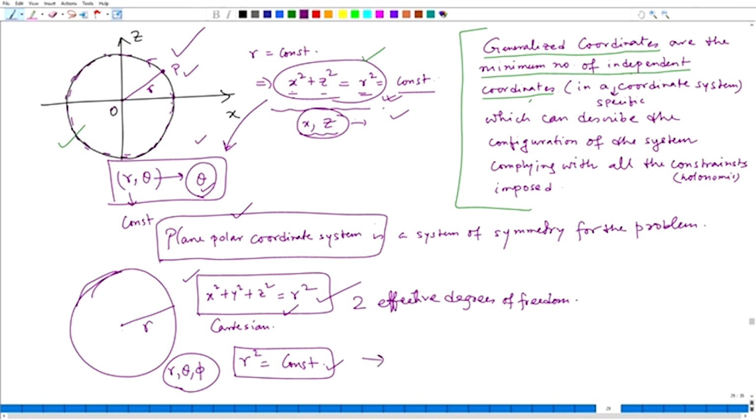So, the whole problem will now be described by theta and phi, which are the colatitude and the azimuthal angle. Since it has 2 degrees of freedom, I find a coordinate system, a different one, where the system can be described by exactly 2 variables. And for this problem you have these to be the generalized coordinates.